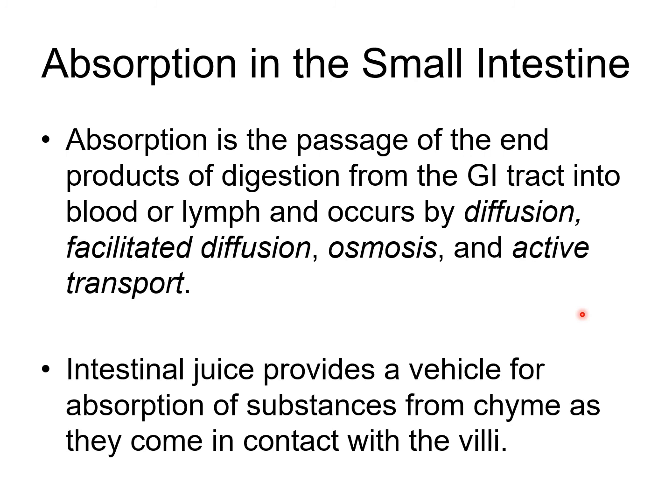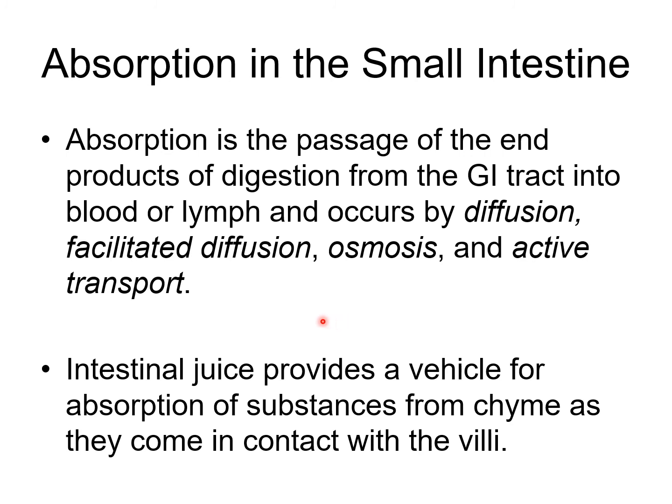In the case of the small intestine, absorption is the movement of the digestion products into the blood. So instead of oxygen, now we're talking about glucose, amino acids, fructose, fatty acids, and eventually we'll be mentioning things like vitamins, electrolytes, and water.